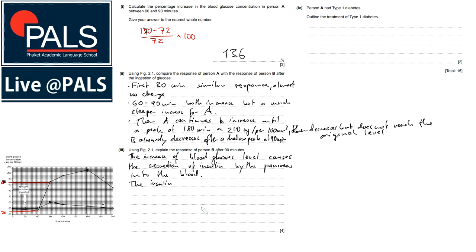The insulin then causes the liver to absorb glucose from the blood and change it to insoluble glycogen.